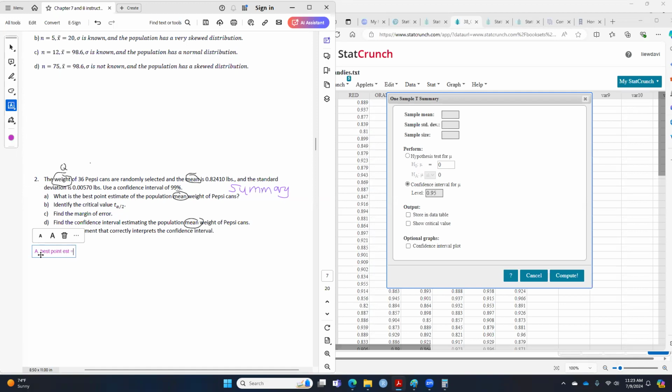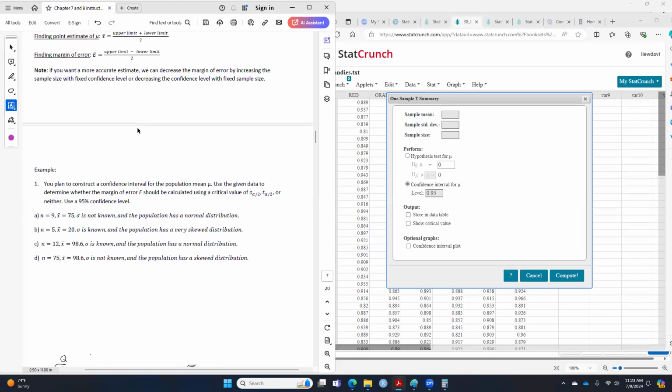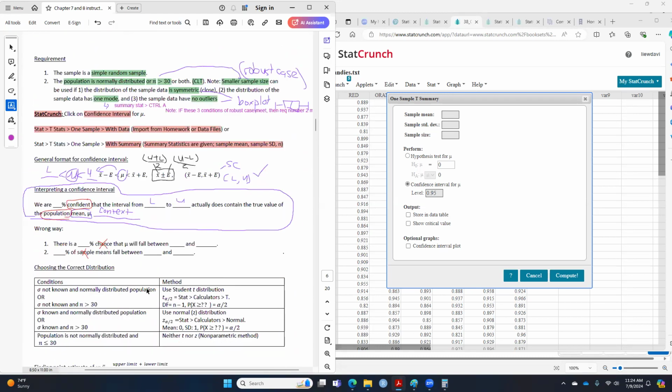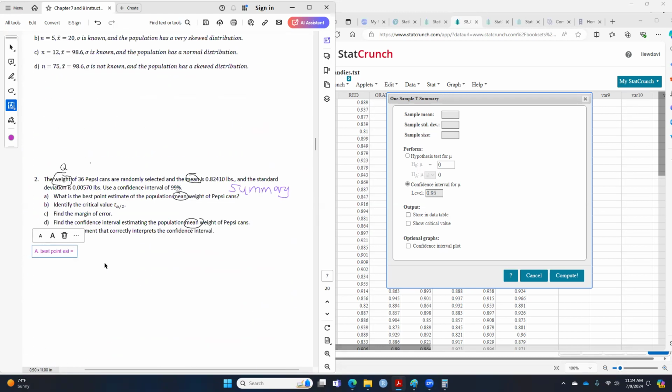If you remember what we did in the beginning of this section, to find the best point estimate of the population mean, the best point estimate is the sample mean X bar. So in this case, the best point estimate is the sample mean X bar, which is given in the question, 0.8241 pounds.